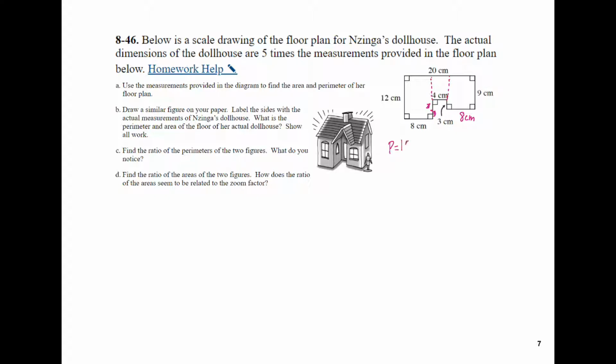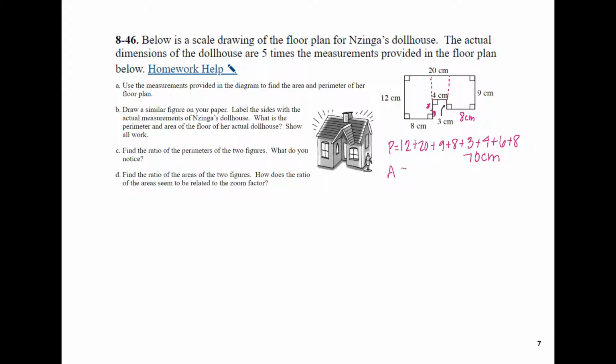So the perimeter, we take 12 plus 20 plus 9 plus 8 plus 3 plus 4 plus 6 plus 8, which gives us approximately 70 centimeters for our perimeter.